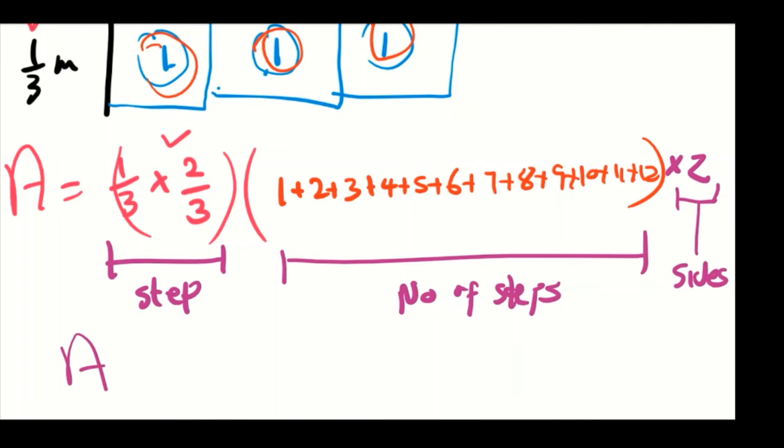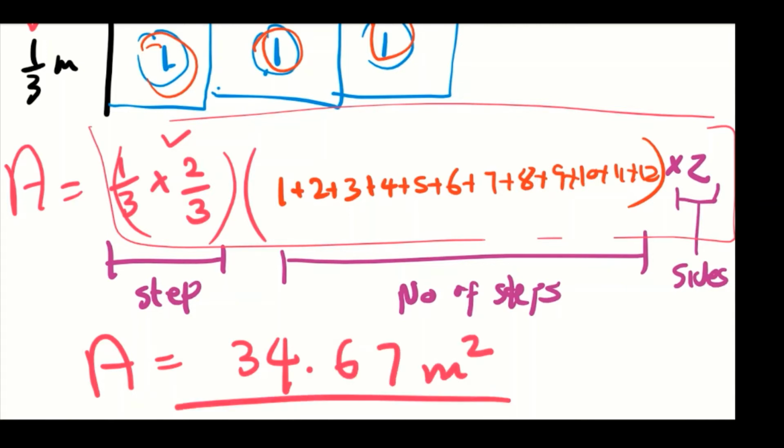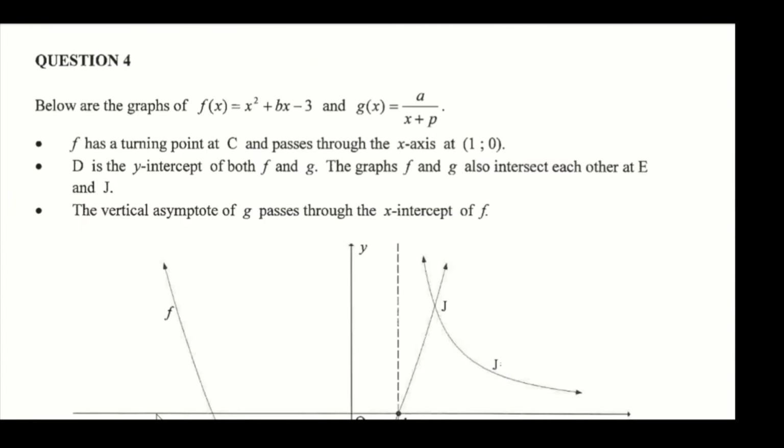So our area of this metal sheet, area is equals to, so just find the product of the whole thing that I just did here using your calculator, and you should get something like 34.67 meters squared.